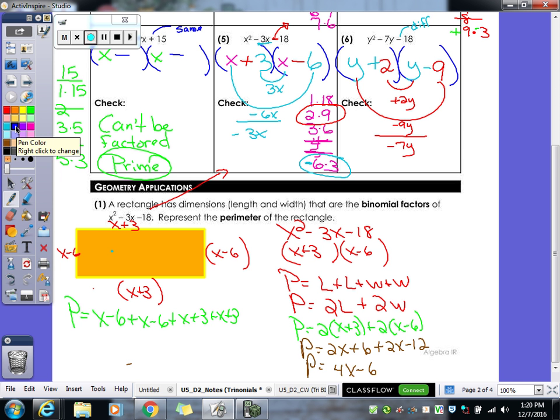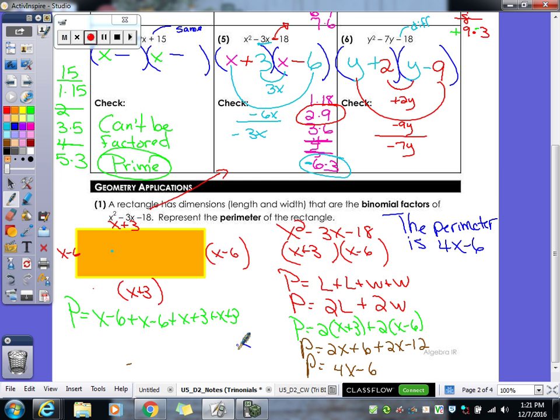Yeah. You could have just done it like that. The problem is, remember, the Regents, they want work shown. They'll give you half a page to do this problem. That means they want you to fill up that half page, right? So you got to write a sentence. The perimeter is 4x minus 6.